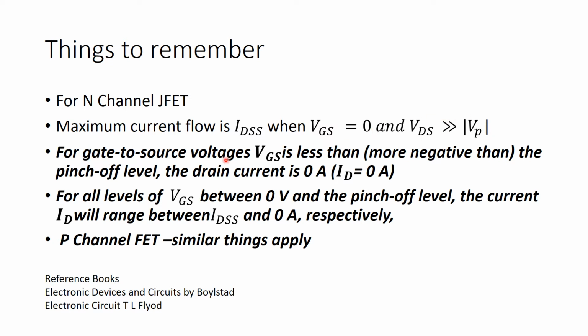For gate to source voltage VGS less than, or more negative than, the pinch off level, the drain current is 0 amperes. And for all levels of VGS between 0 and pinch off level, the current ID ranges from maximum drain current to 0 amperes. Whatever conditions we have studied for N channel, the same thing is applicable to P channel FET.